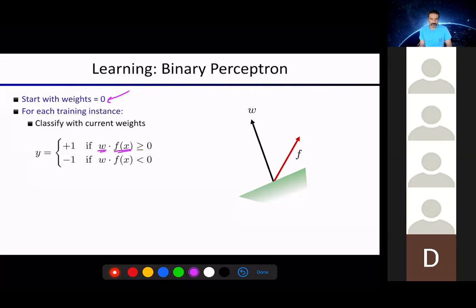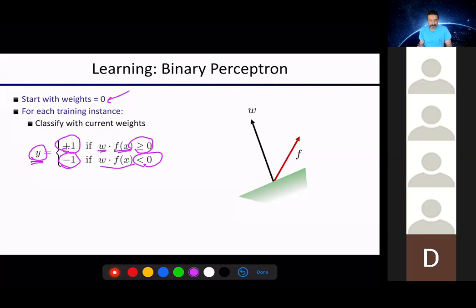And if it is positive, then the decision is the positive class. And if this inner product is negative, then the decision of the classifier is the negative class. So it is binary classification. We have two classes represented by +1 and -1, very simple.